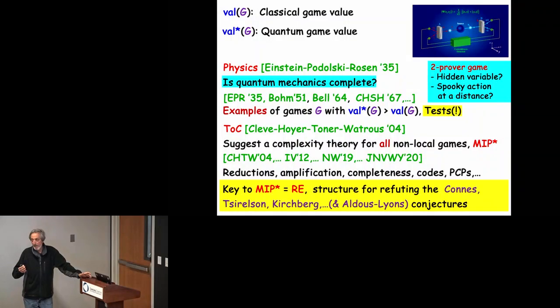Again, one can explain new proof systems if you want, very bizarre ones, or just build models for which you can convince some verifier of statements like undecidability claims, and they are tailor-made to disprove other conjectures in mathematics, and this was recently proved. It's a conjecture in probability theory. The Aldous-Lyons conjecture is now known to be false by this type of techniques.